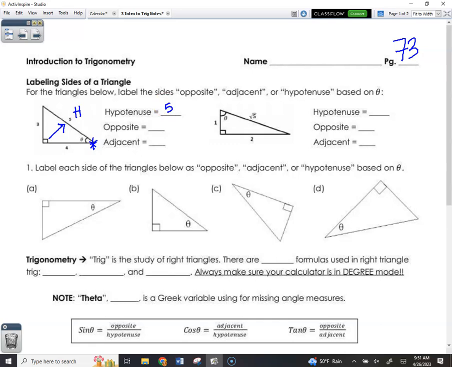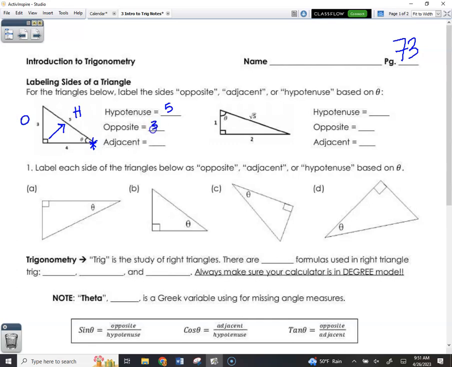Then you reposition your mind from the angle that is marked theta. And you ask yourself, what would be the side considered opposite of theta? It's going to be the side farthest away, which would be 3. Put an O for opposite.